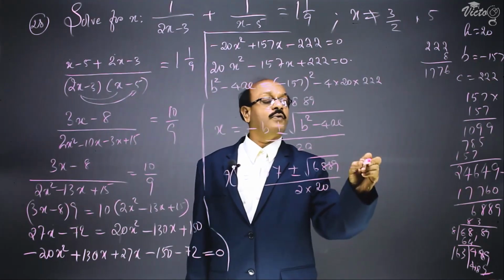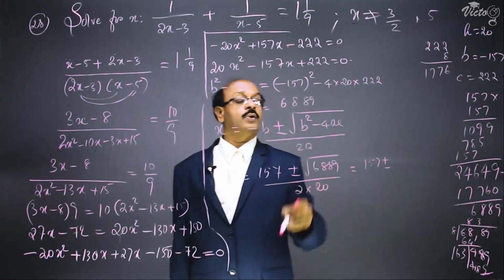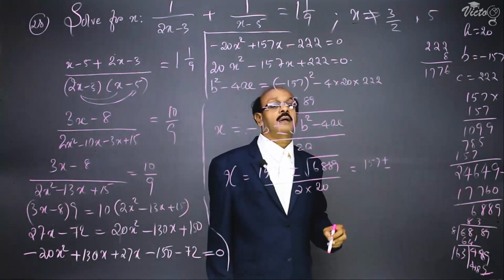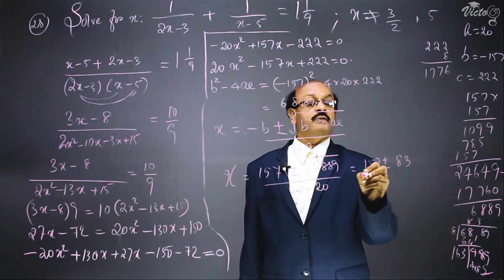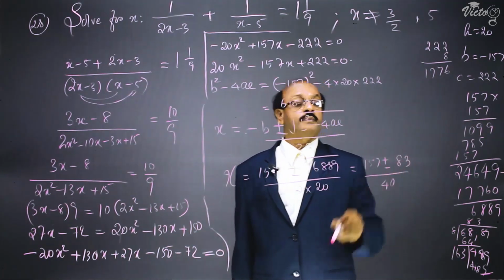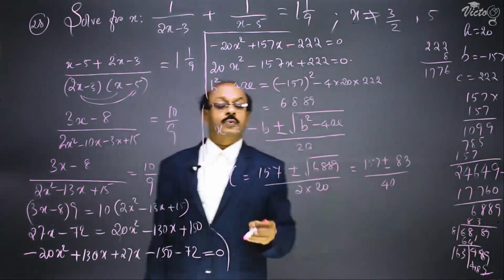The square root of 6889 is 83, divided by 40. Now we can split it into 2.